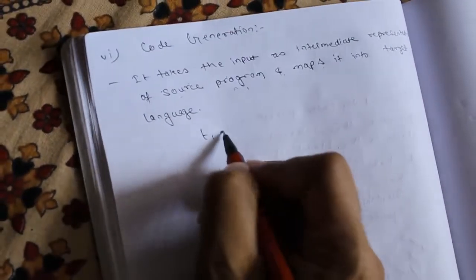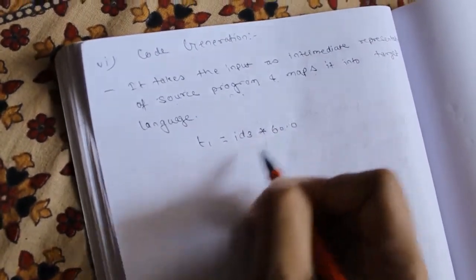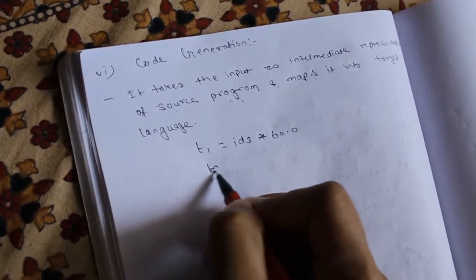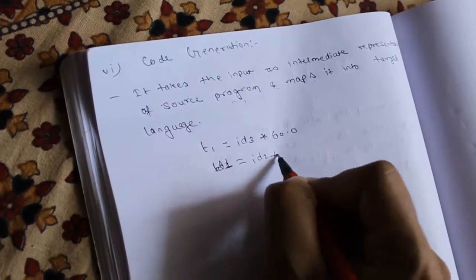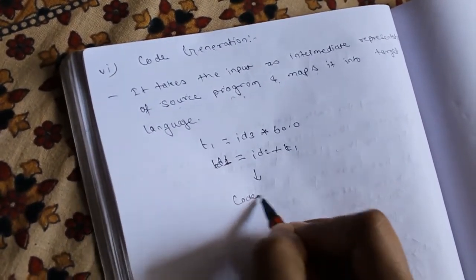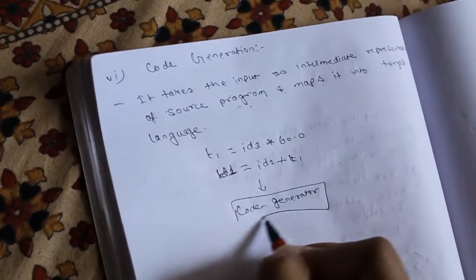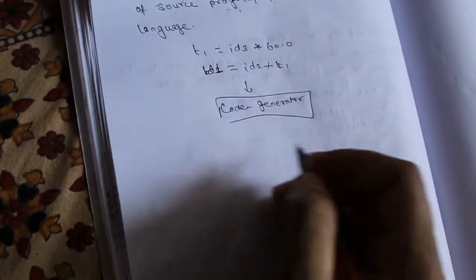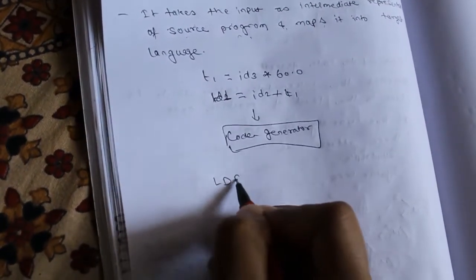So here we have the optimized intermediate code, 60.0, that is id1 plus t1. So it will pass to the code generator, and it will produce the final target code.